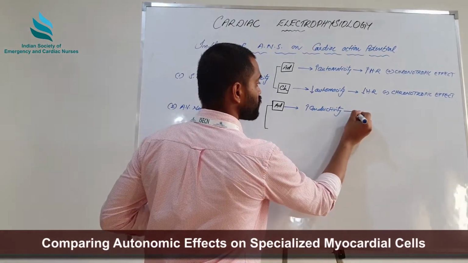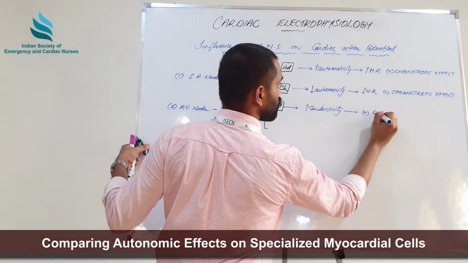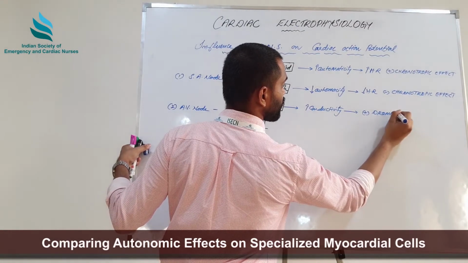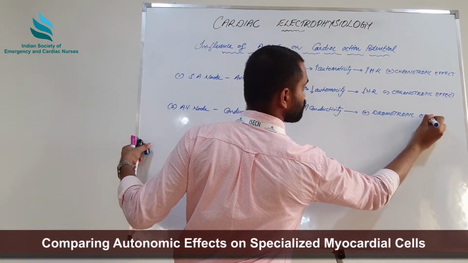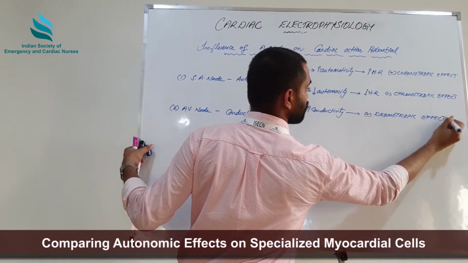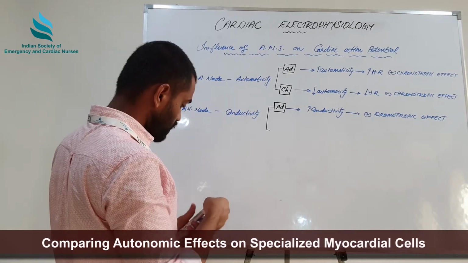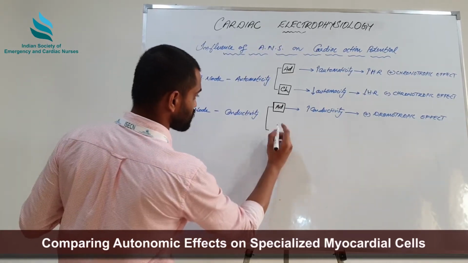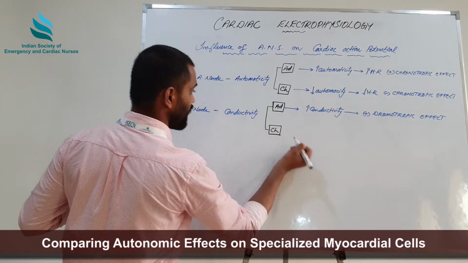which is what we call a positive dromotropic effect. The speed of conductivity will be increased, and under cholinergic influence, the mechanism is the same as what we have described for the SA node.